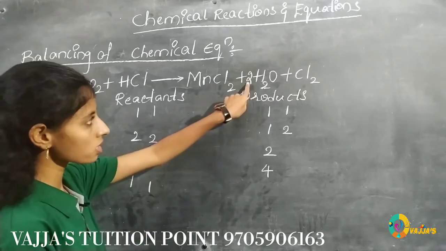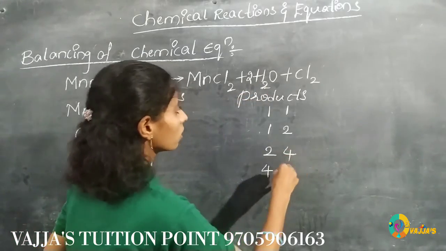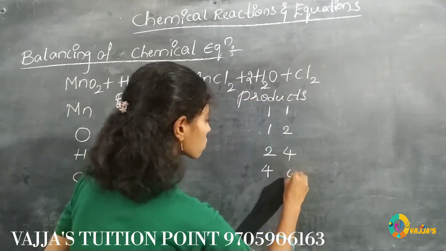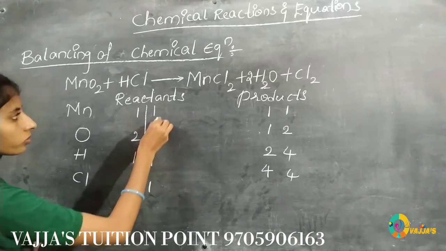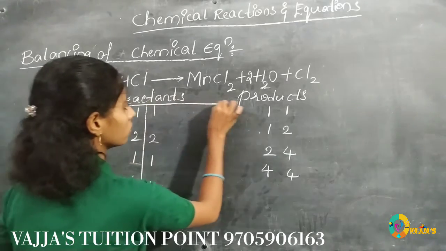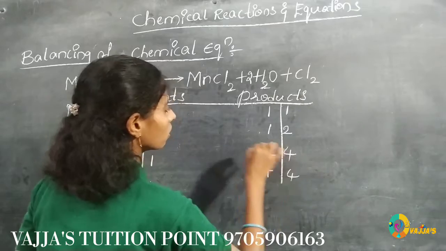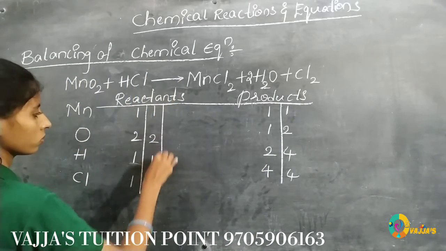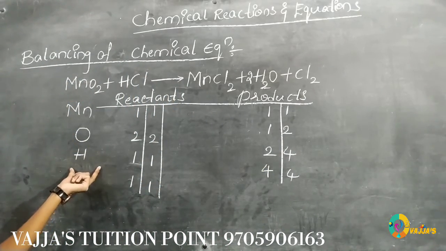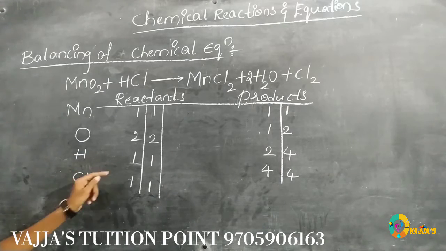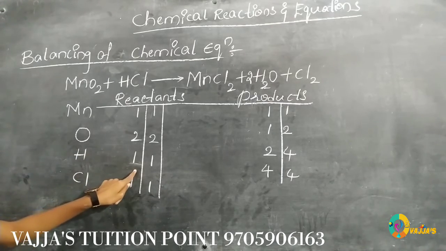Now come to hydrogens. Here we have 4. Chlorines we have not changed anything, so this remains as 4. Next come to hydrogens. On the reactant side we have 1.